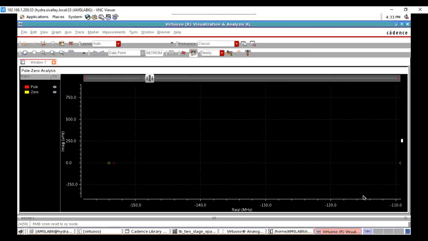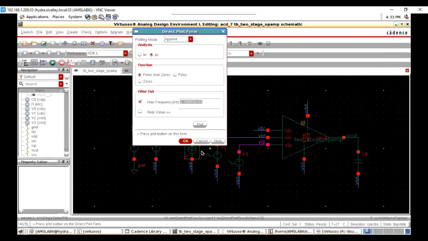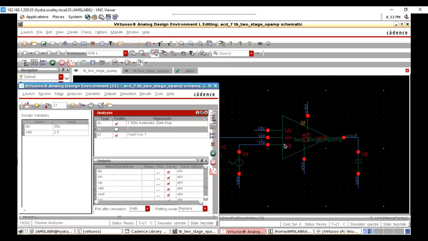But you can see this is at 110 megahertz. If you see the x-axis, that is the frequency, it's around 110 megahertz. But why is this not able to cancel that?